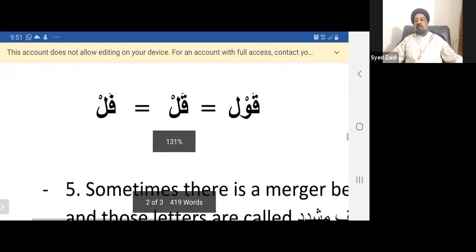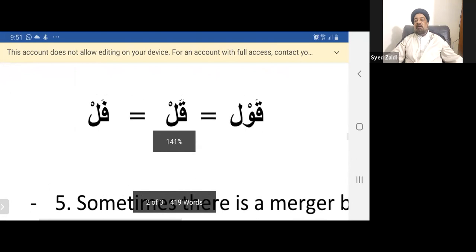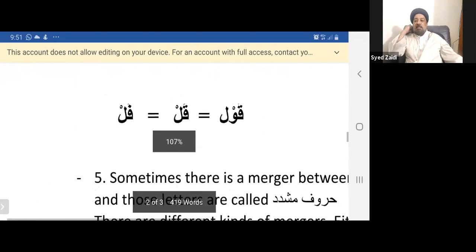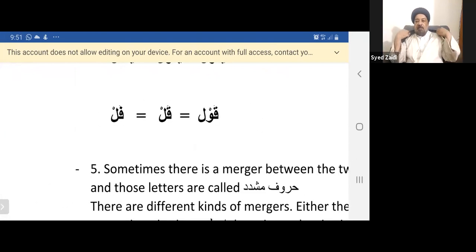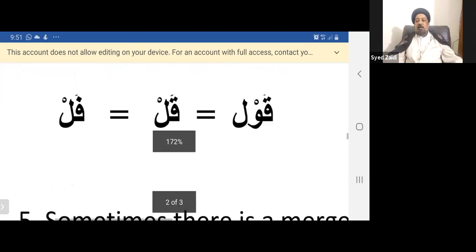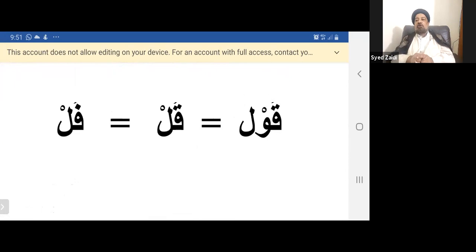Now we come to the third category, which is the deletion or taghyir hazfi. You see the word qul in the center. Now this word qul was actually qawl. Qaf had a zabar on it or a fath. Waw was silent and lam was also silent.